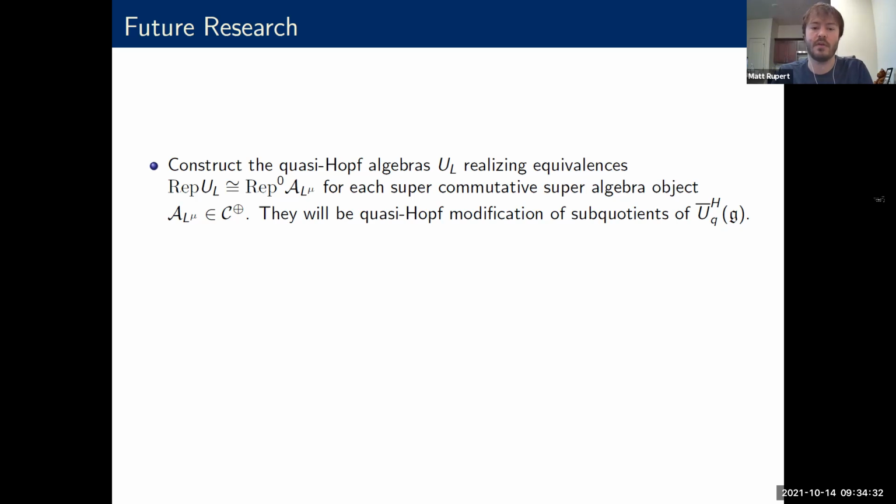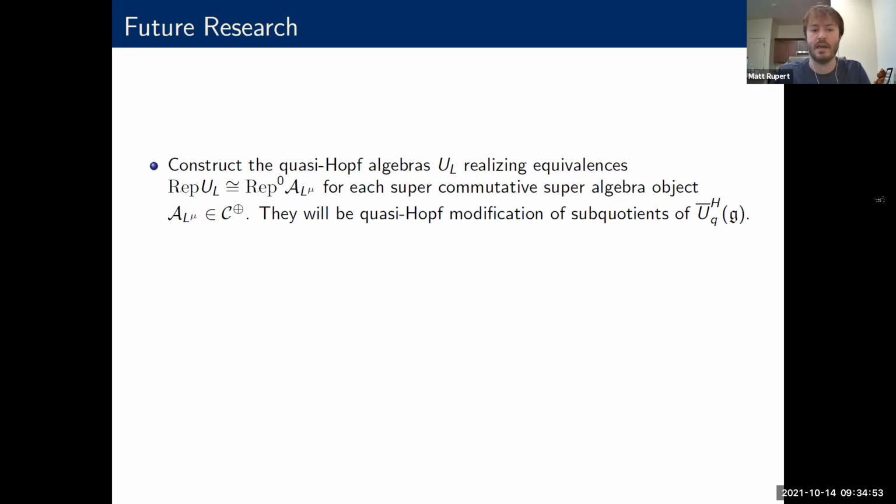And so for each one of these algebras, we can ask, can we write down the quasi-Hopf algebra which has representation theory equivalent to the category of local modules for this supercommutative superalgebra object? And this should be possible, at least for abelian equivalences.